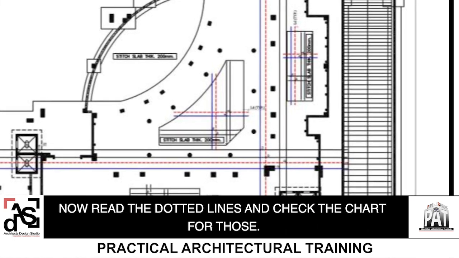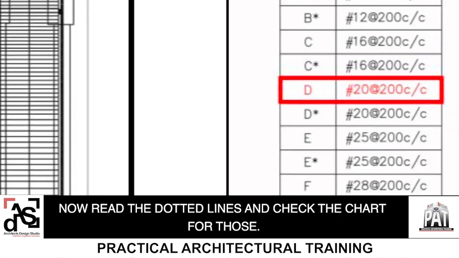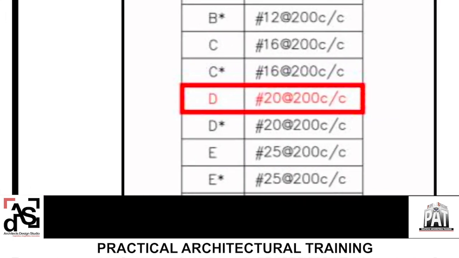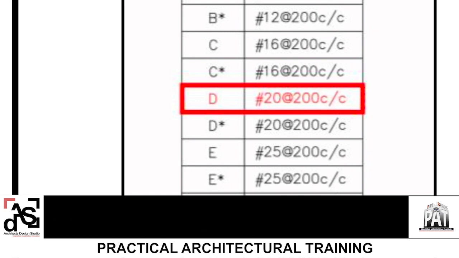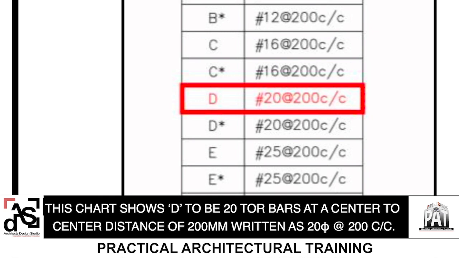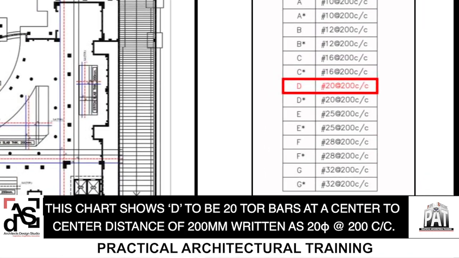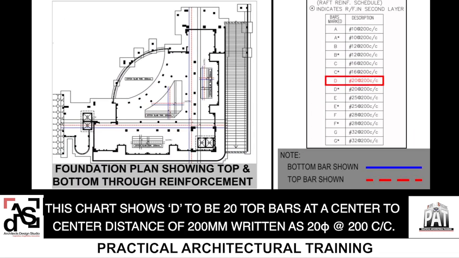Now let's read the dotted lines and check the chart for those. As shown in the plan, the dotted lines are represented by the symbol D in a particular zone. This chart shows D to be 20 torr bars again at a center to center distance of 200 mm again, written as 20 torr at 200 center to center.